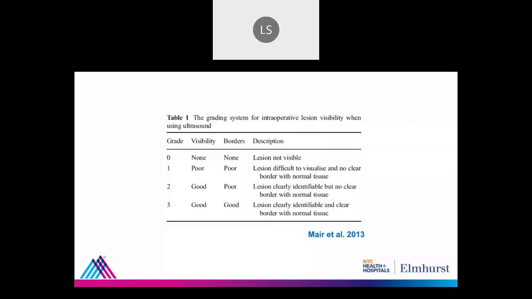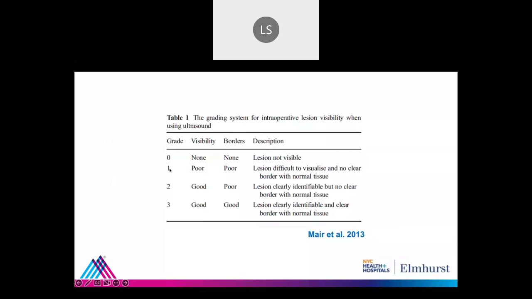And this is a grading system that has been described in the literature. It's actually the most comprehensive one that we have so far, and is the one that we use. When you look at the studies for intraoperative ultrasound in neurosurgery, they divide most of the times the tumors into good, medium, or poor visibility, but they don't have grades, and this is the only grading system that is available.